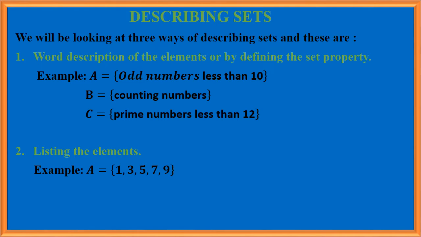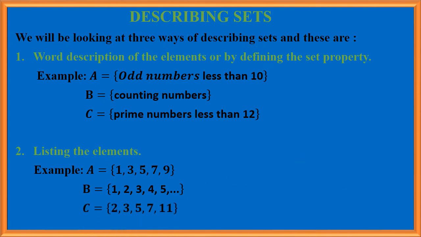Then for set B, we have a set of counting numbers. Counting numbers are numbers starting from 1 to infinity. So listing the elements of B, we have set B to be 1, 2, 3, 4, 5, and it continues indefinitely. Because here they said counting numbers, it has no range, so this continues indefinitely.